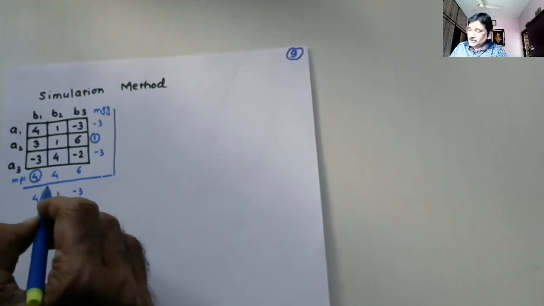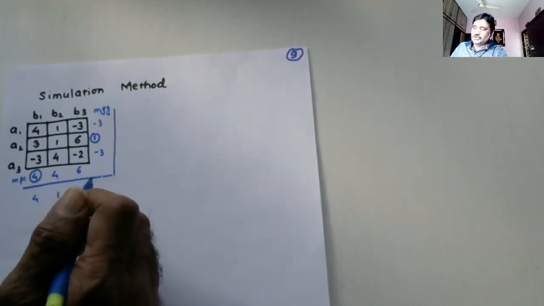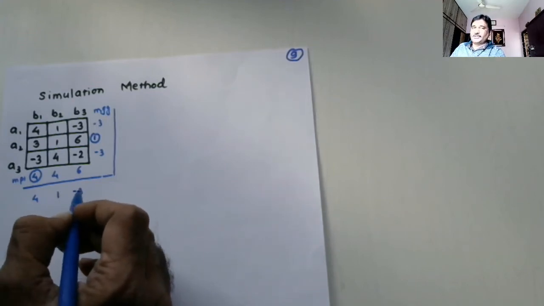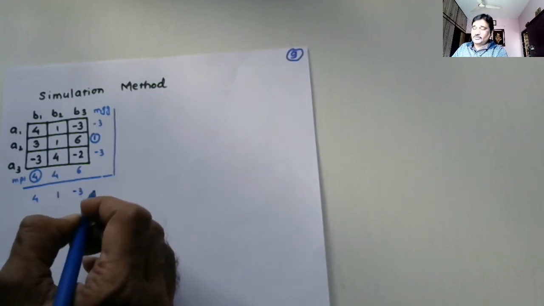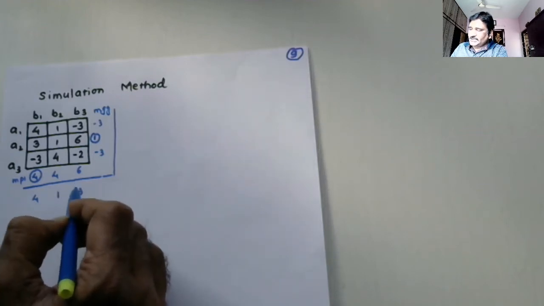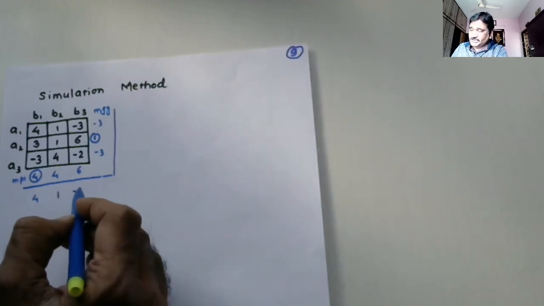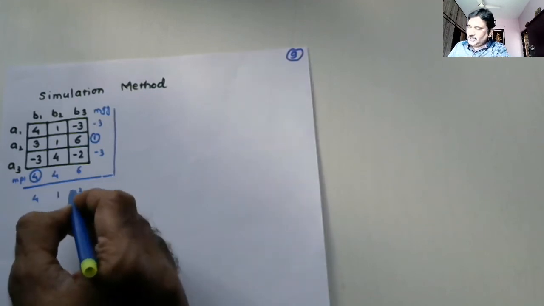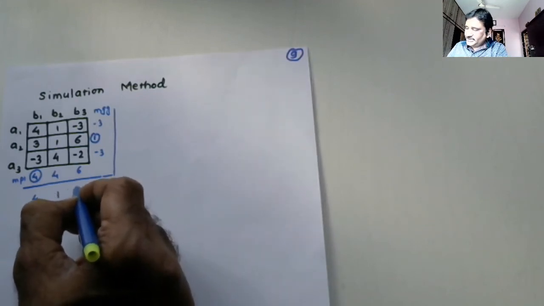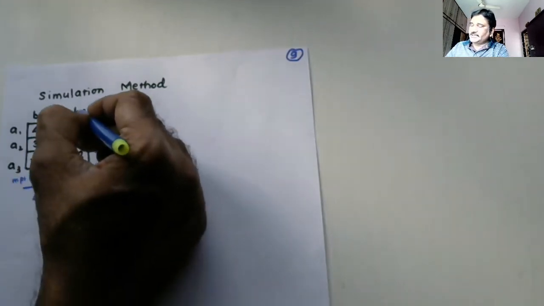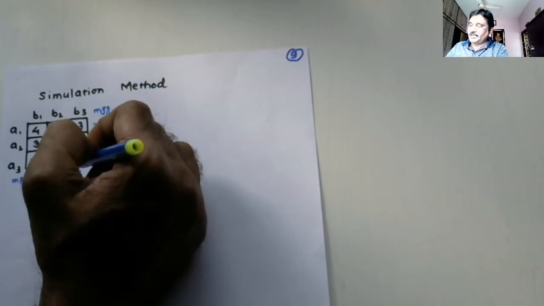Now B has to make the choice of his course of action, and that he will be making based upon the accumulated losses or accumulated gain. These are the loss values for player B, and B will be selecting that course of action in which he sees the minimum accumulated loss. So the minimum loss is here, minus 3. So player B will be selecting to play B3.